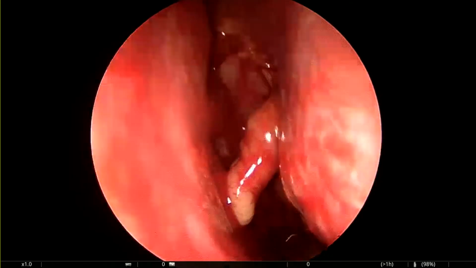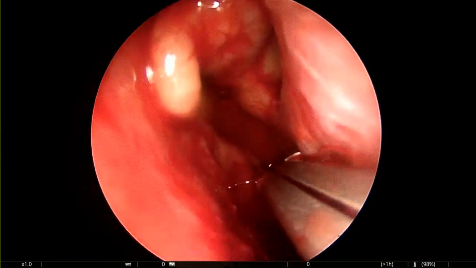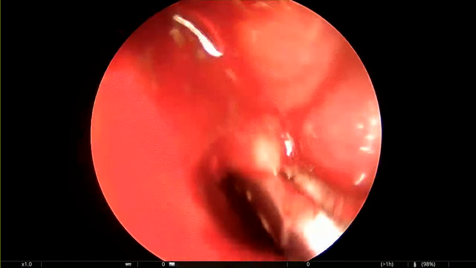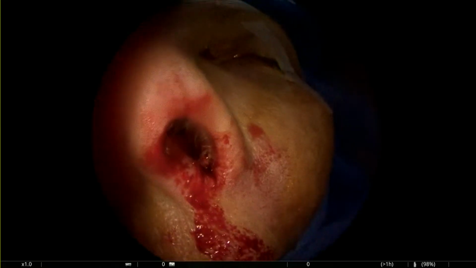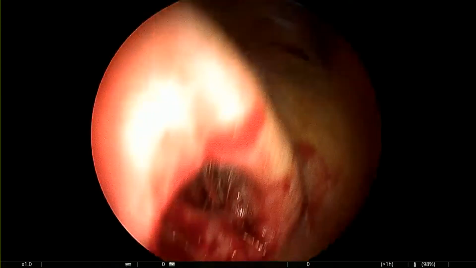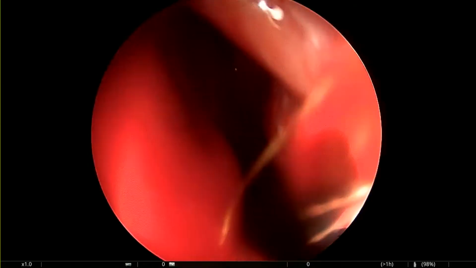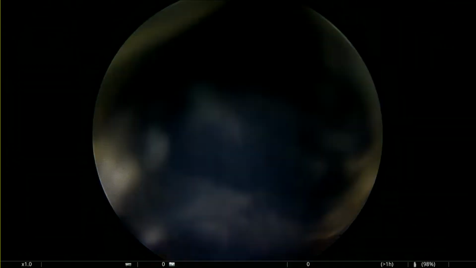I'm going now to remove the middle turbinate, like that. This is the middle turbinate. As you can see, the bleeding is very, very small.